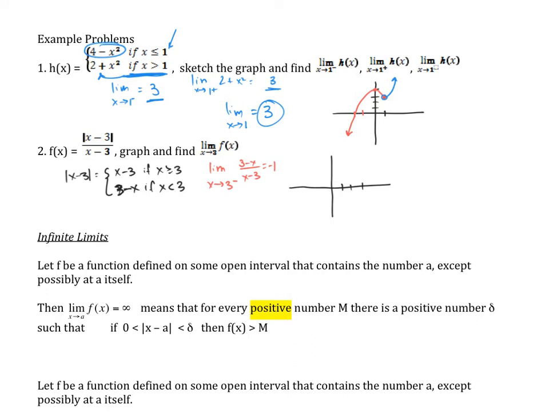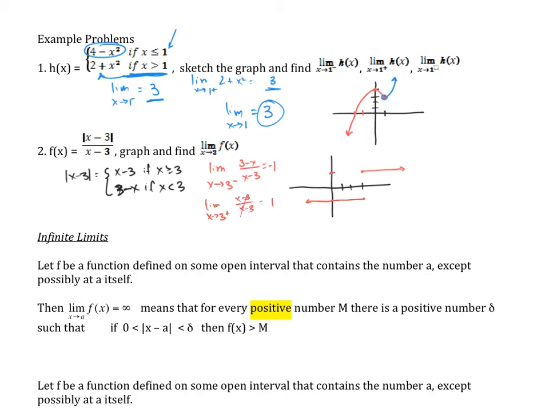Now, if you actually graph this, you'll see that this value will be at -1 right here all the way, and then on this side it's going to go in that direction. So we could say the limit as it approaches 3 from the right, this one is the x minus 3 over x minus 3. In this case they reduce out, so it's just 1.